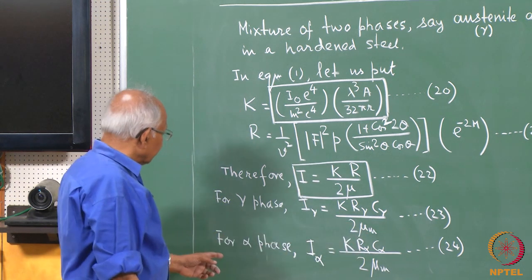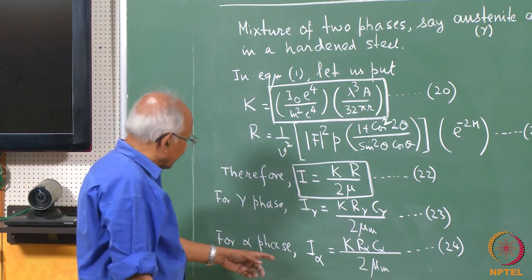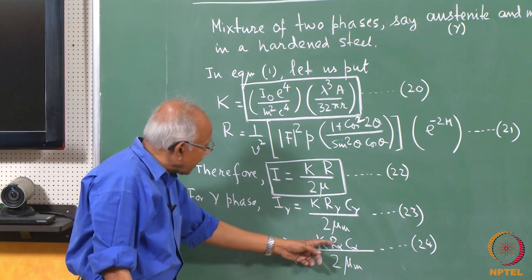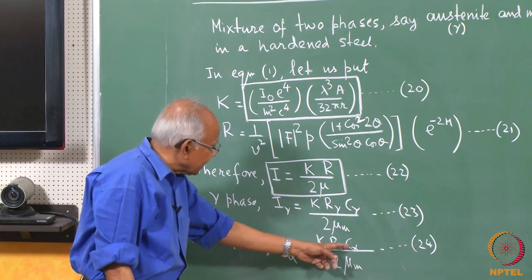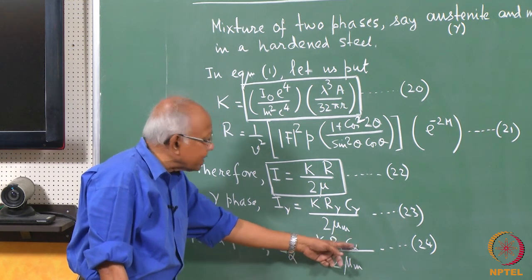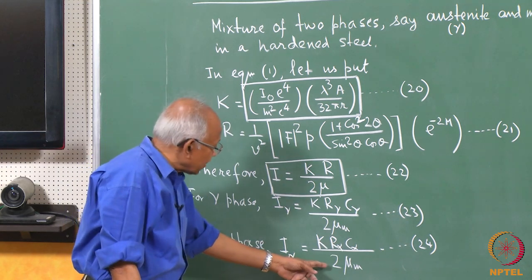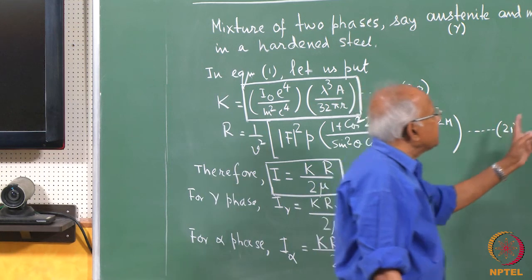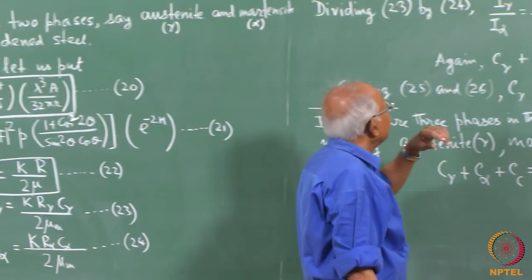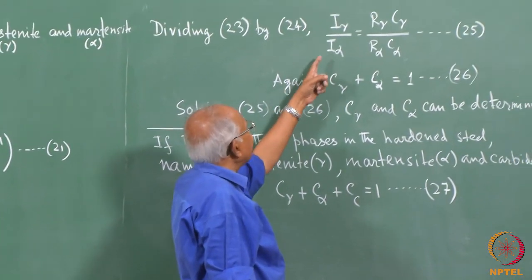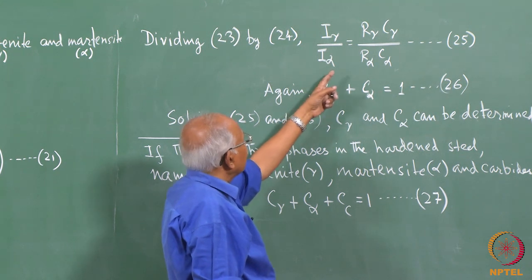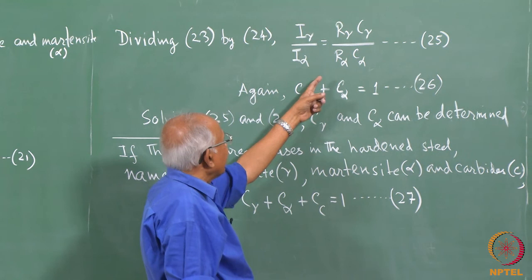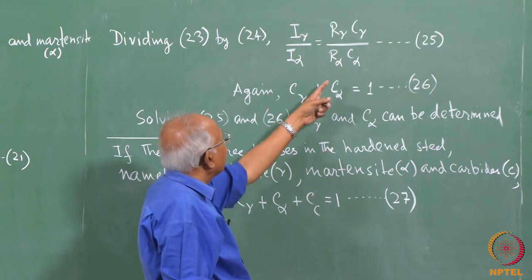Similarly, for the alpha phase, you can write down I alpha is equal to K R alpha C alpha by 2 mu m, where C alpha is the volume fraction of the alpha phase in the mixture. Now, if we divide 23 by 24, we can write down I gamma by I alpha is equal to R gamma C gamma divided by R alpha C alpha.